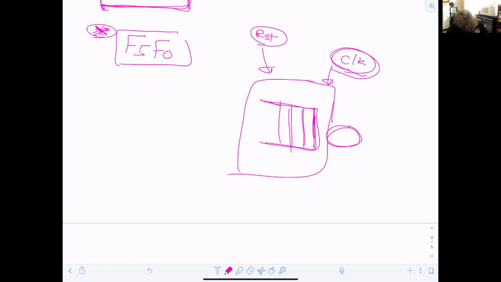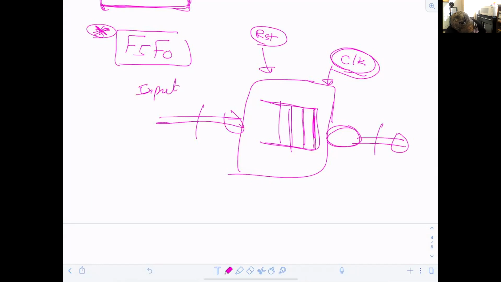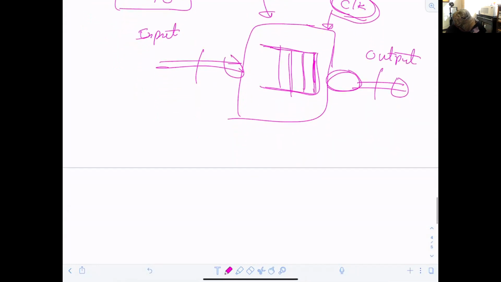Then we need also an input stream going to the block. And we need an output coming out of the block. So that's basically an input, and here's an output. Then we need some little itty-bitty flags to tell me what the current status of the device is.